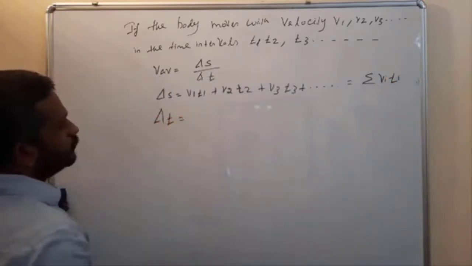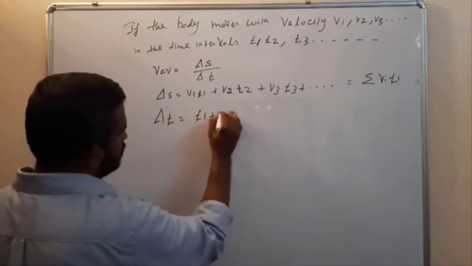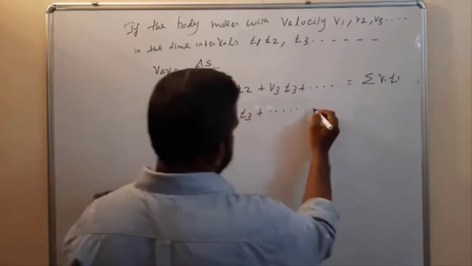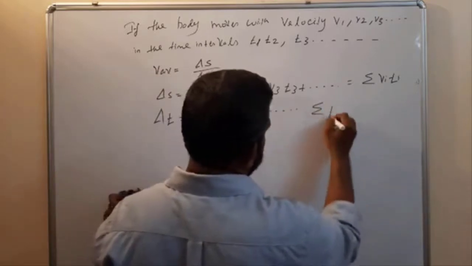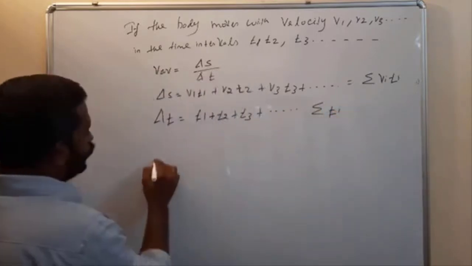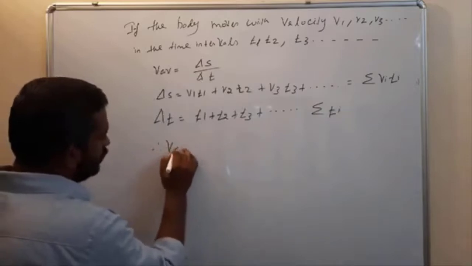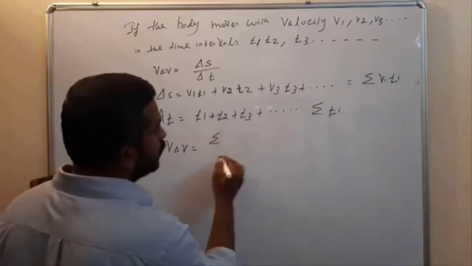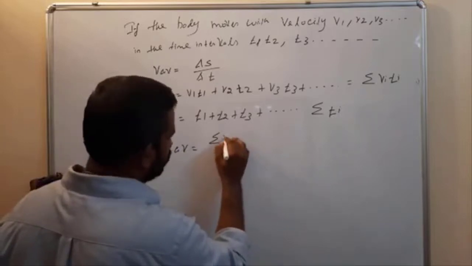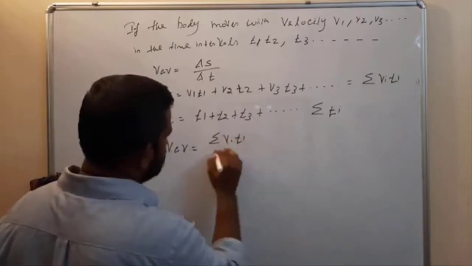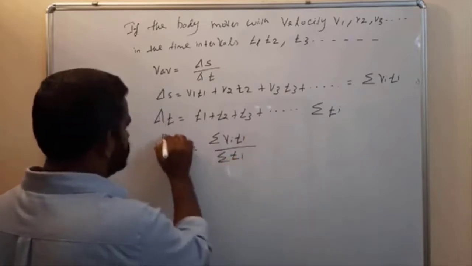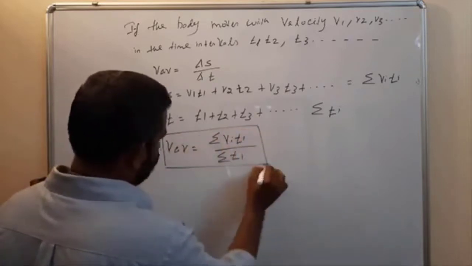Delta T is equal to T1 plus T2 plus T3 plus etc., summation of Ti. Therefore V AV is equal to summation of Vi Ti divided by summation of Ti. So this is the formula.